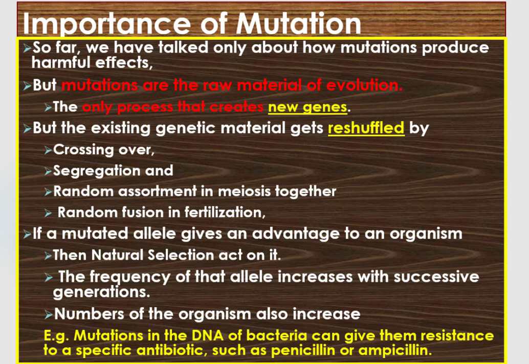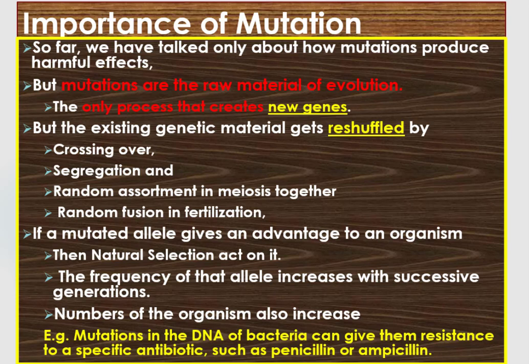If a mutated allele gives an advantage to an organism, then natural selection acts on it and lets the frequency of that allele increase with successive generations. In this case, the number of organisms that have that mutated gene also increases.